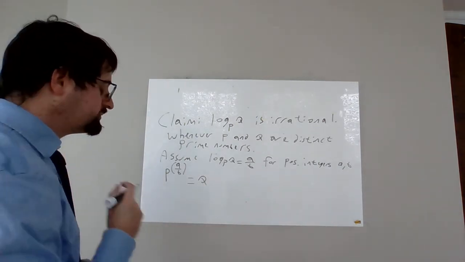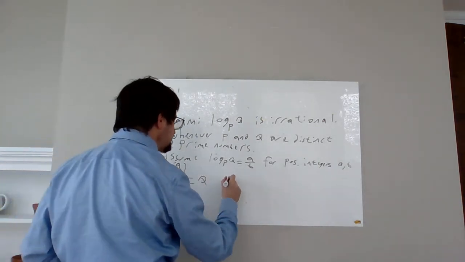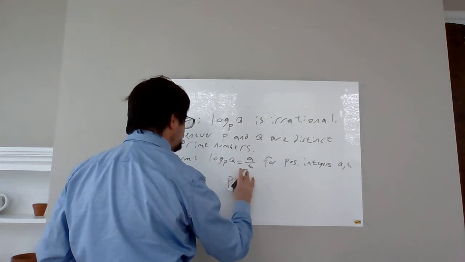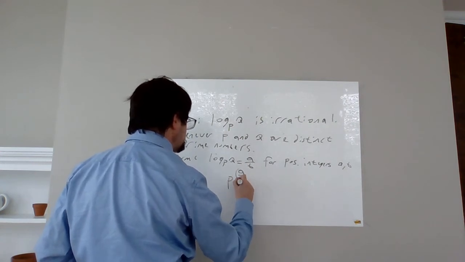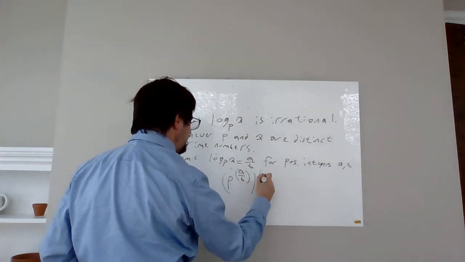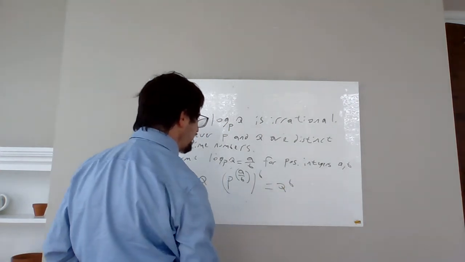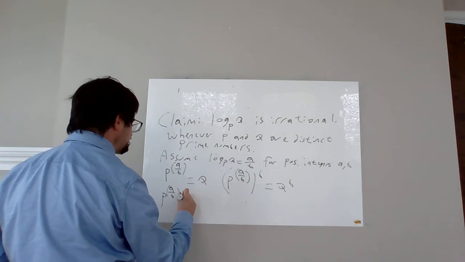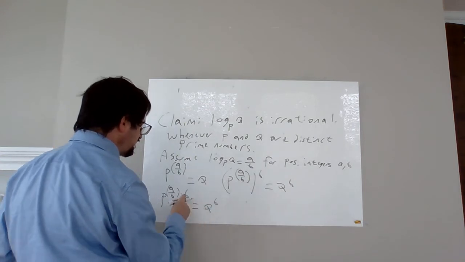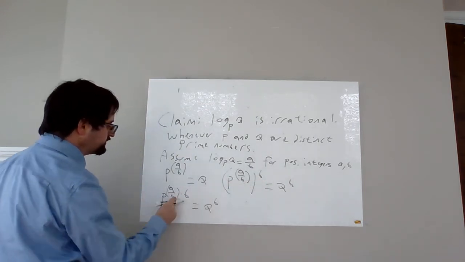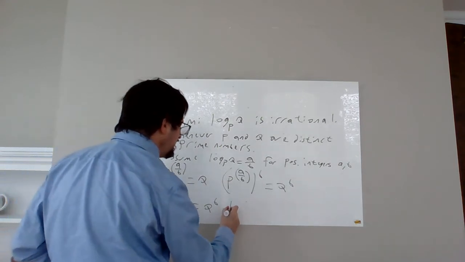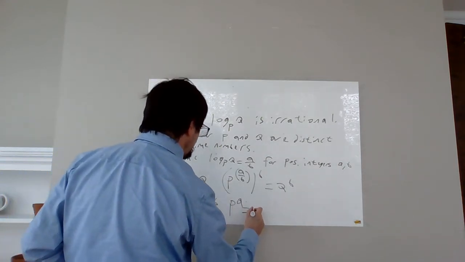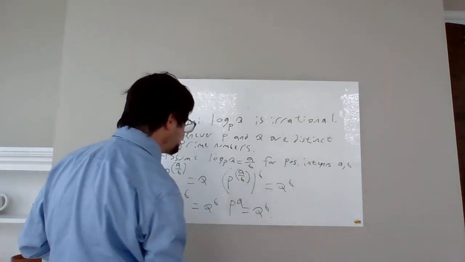We'll raise both sides to the b. P to the a over b, to the b equals q to the b. P to the a over b times b equals q to the b, using our exponent rule to bring that in. The b's cancel. P to the a equals q to the b.